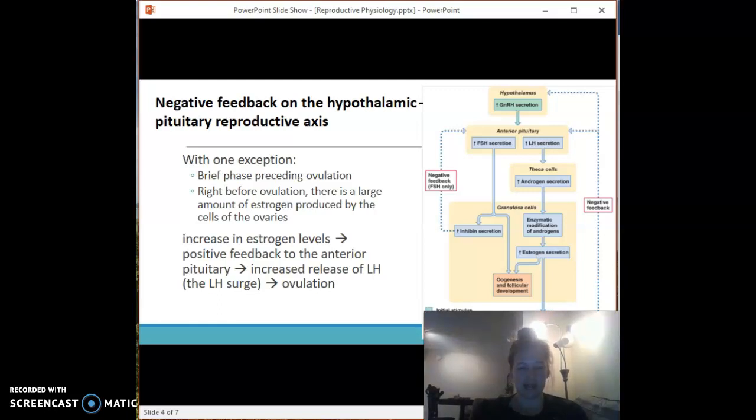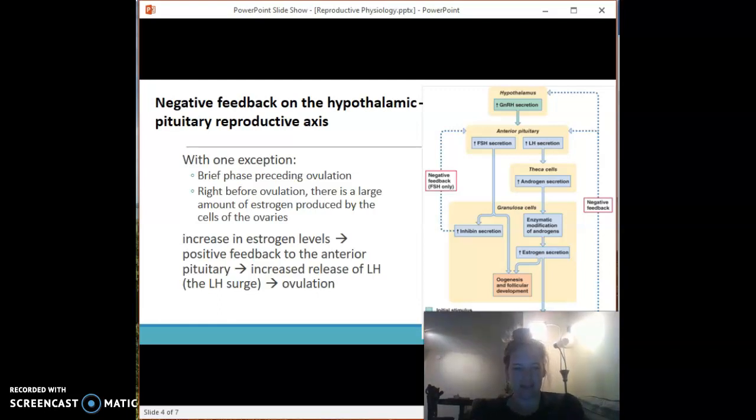We saw that in the last slide with the spike on the graph of estrogen. That increase in estrogen levels actually turns into positive feedback. So there's a positive feedback loop that goes back onto the anterior pituitary that causes an increased release of the hormone LH. This is the LH surge, and this is what triggers ovulation.